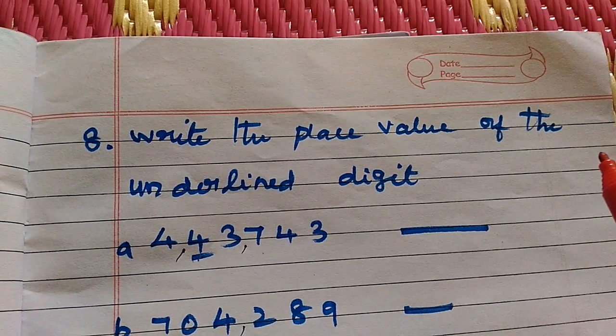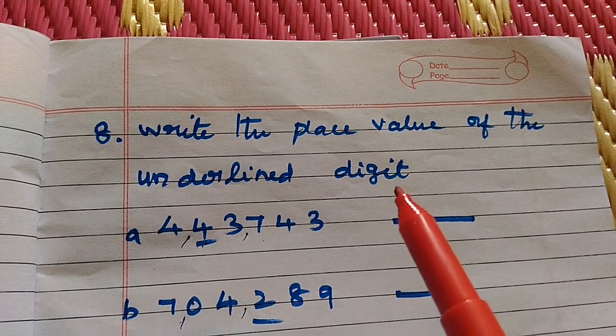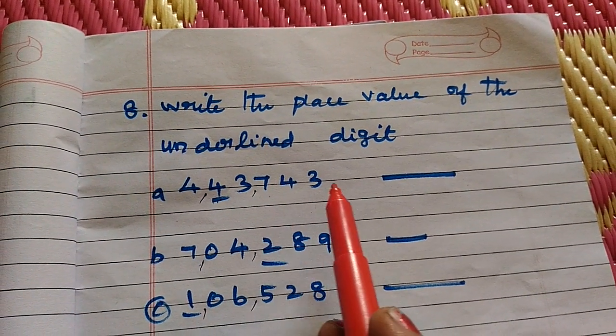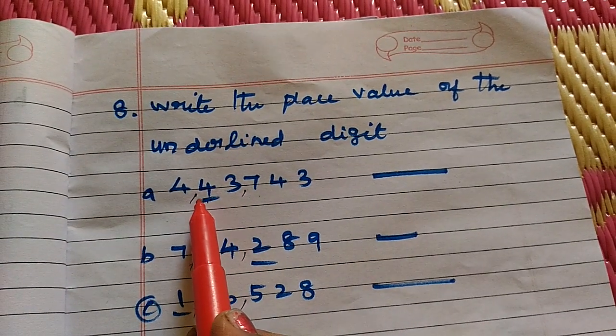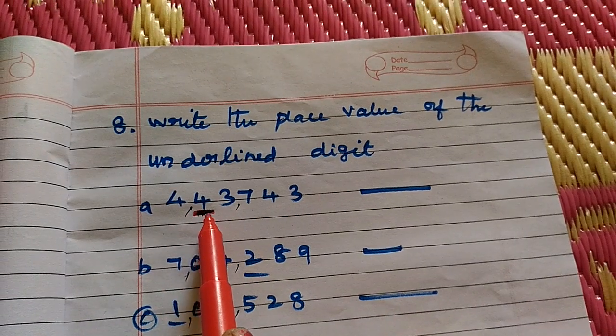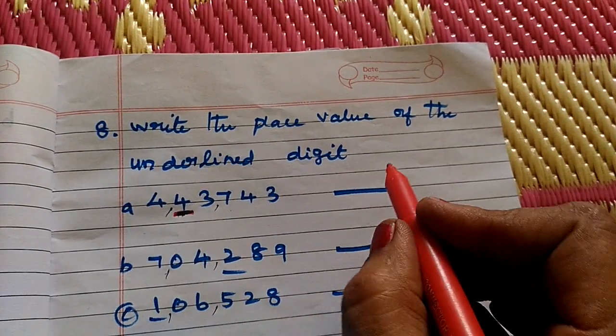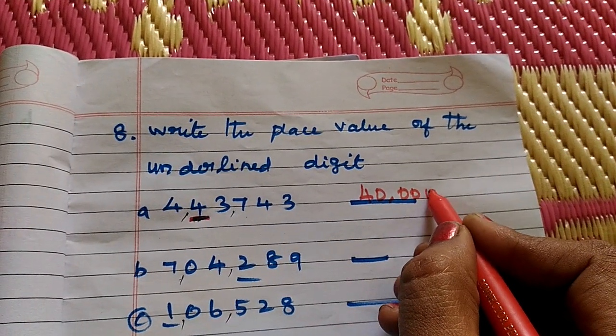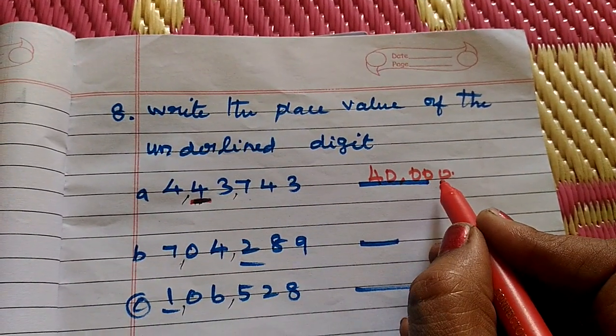Write the place value of the underlined digit. 4,43,743. 4 is underlined here. 40,000. Place value of 40,000. 4 is the place value of 40,000.